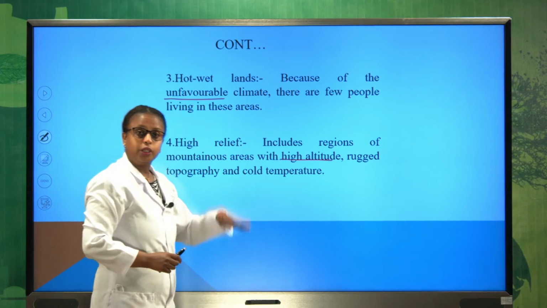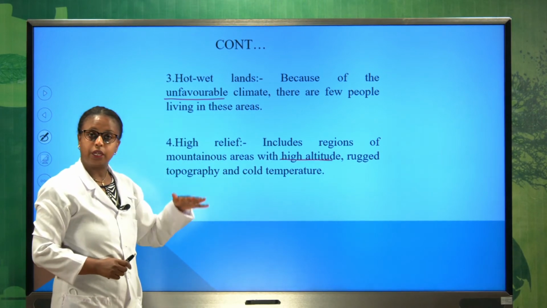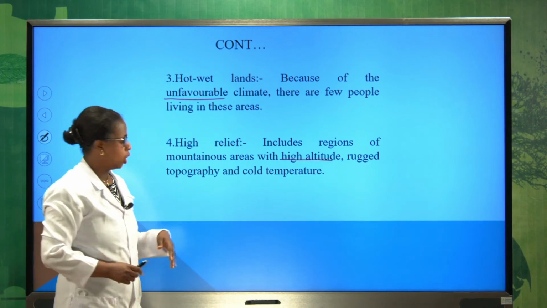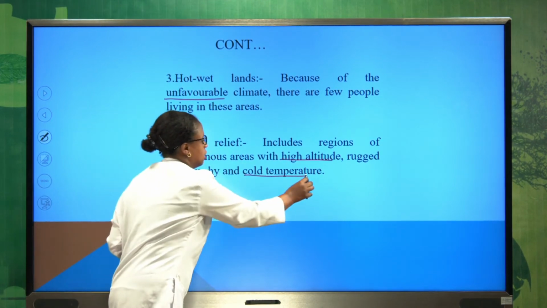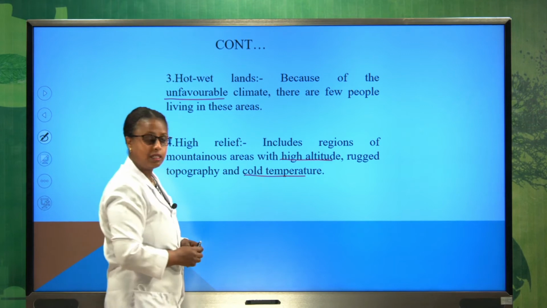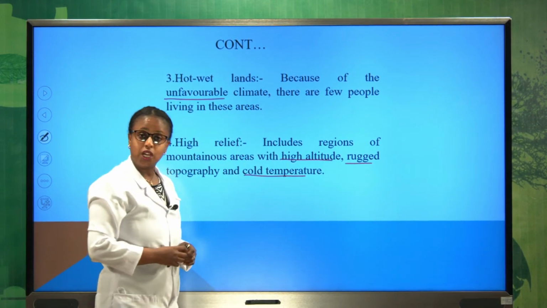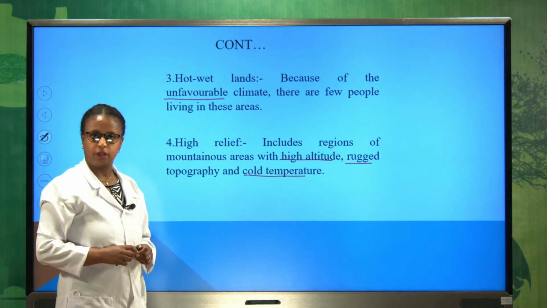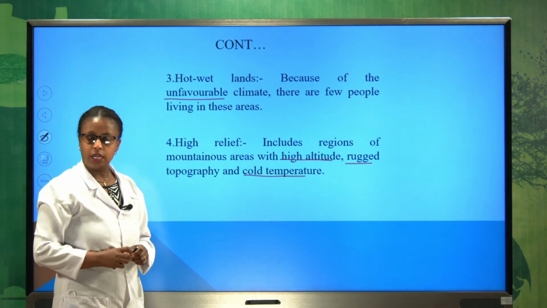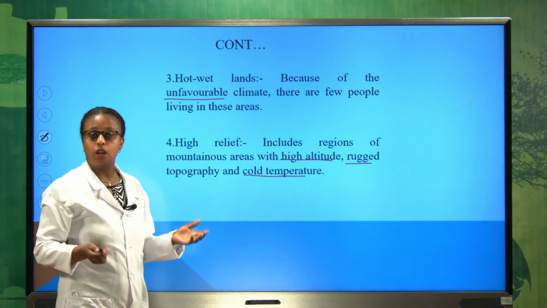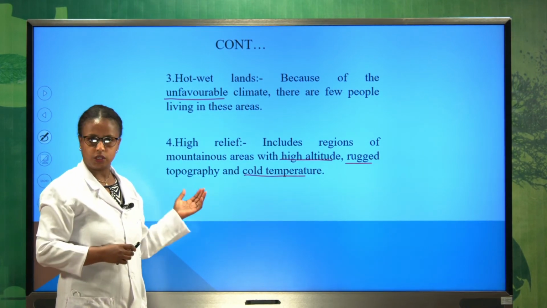When altitude increases, temperature decreases, so the region has a cold temperature. The other factor is rugged or rocky topography, which affects the movement of people. Because of these factors, the settlement of a large number of people is restricted or limited. Only a few people live in the region.